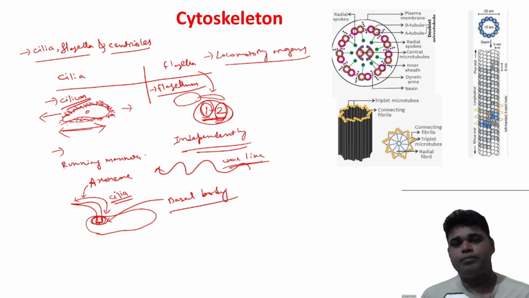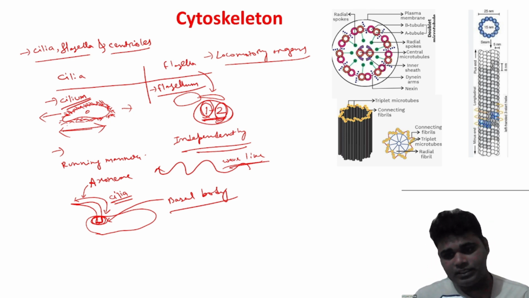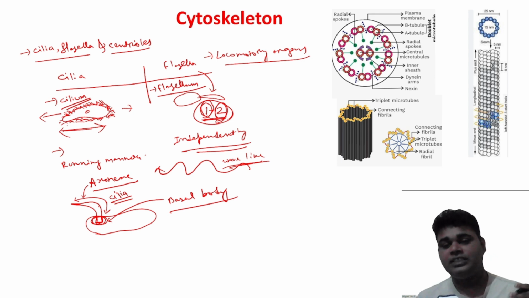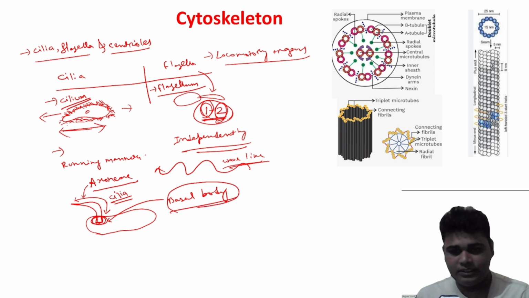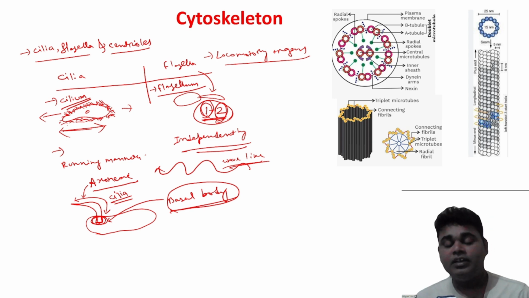Again, it is the same for the flagella. That means flagella also have the same structure. The outside flagella structure is called the axoneme, while the structure present inside the body or in the cytoplasm is called the basal body. So the cilia and the flagella have two different structures.